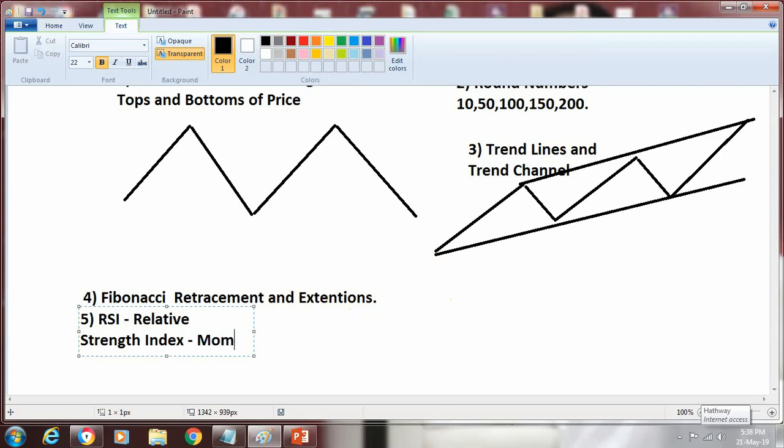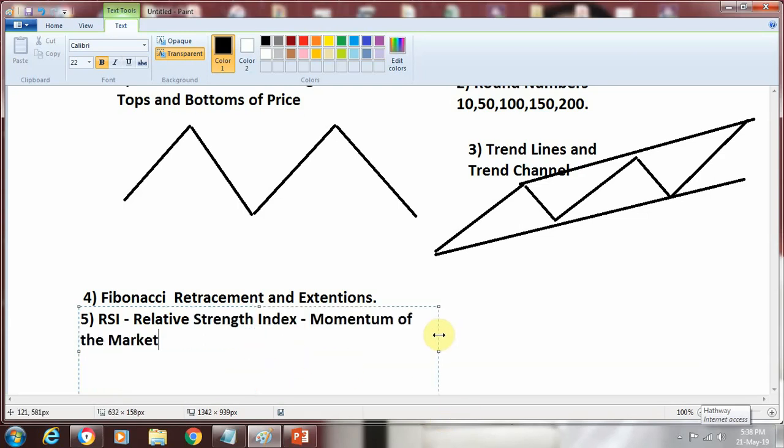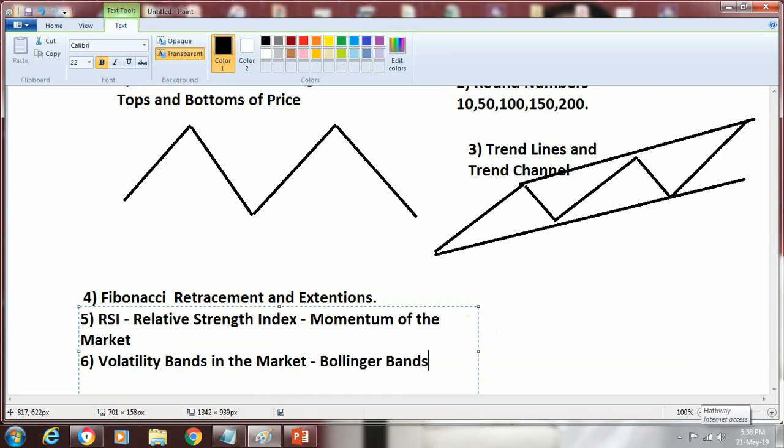Now this is actually the momentum of the market, and the second one is Bollinger Bands. That is nothing but the volatility bands in the market, which are called Bollinger Bands. So they also act as support and resistance.